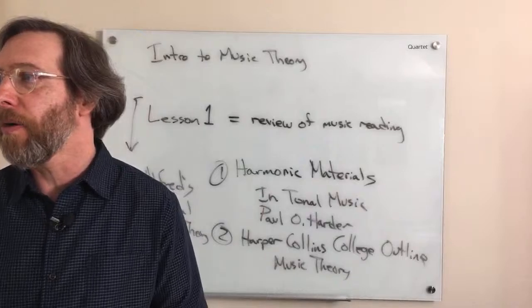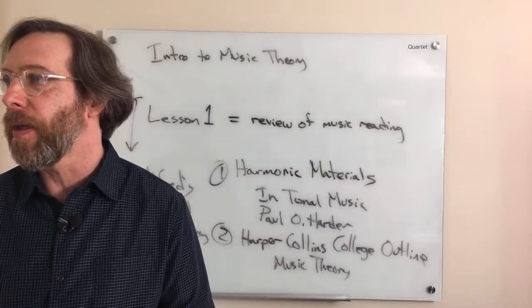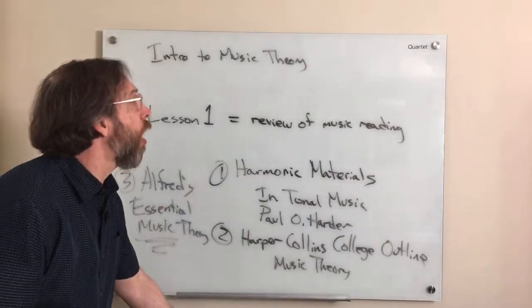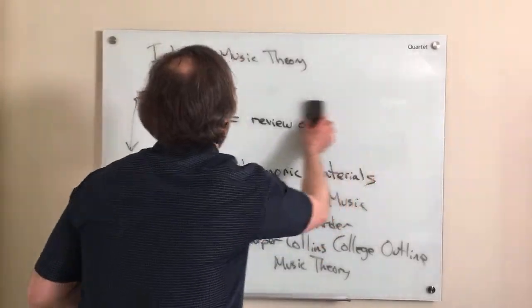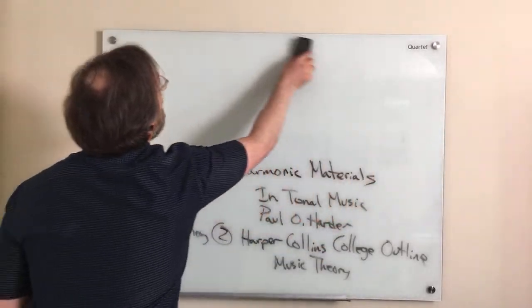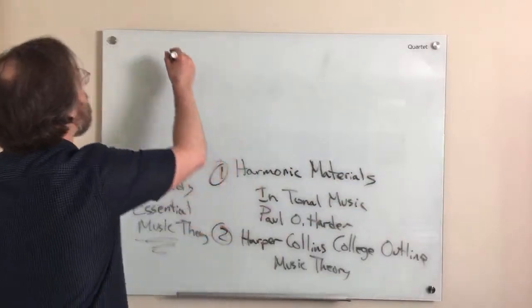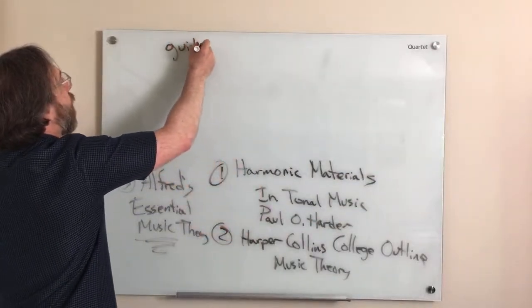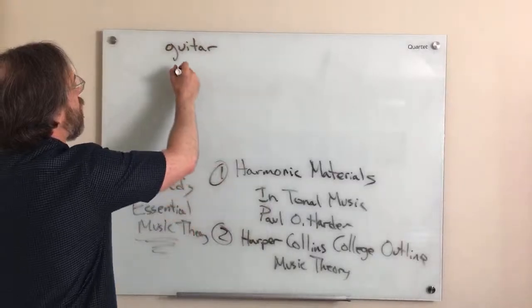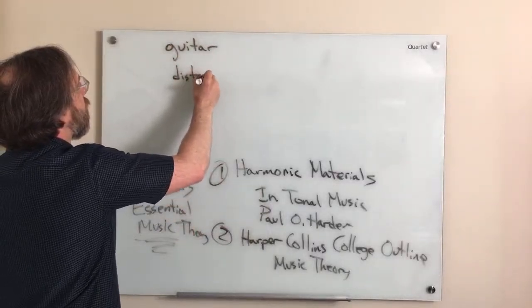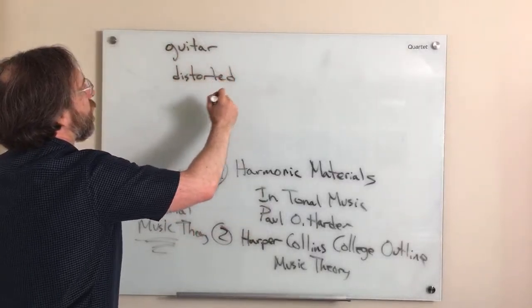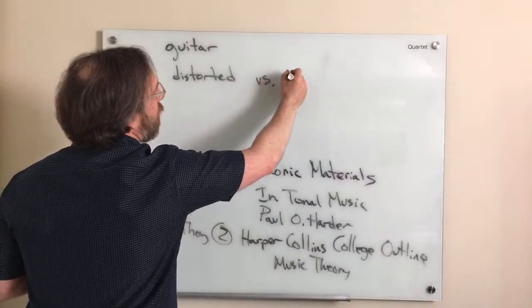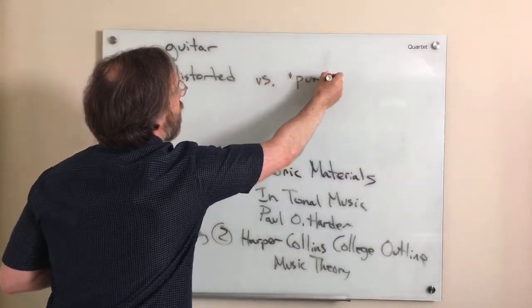So the harmonic. The guitar is an amazing instrument, okay? And it can play so many different functions, right? So if we talk about when it's distorted versus, let's call it pure, for lack of a better word, all right?